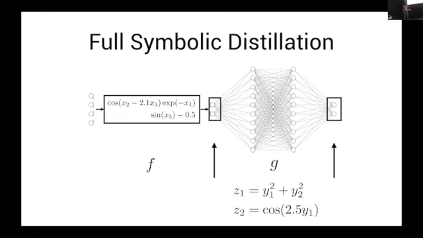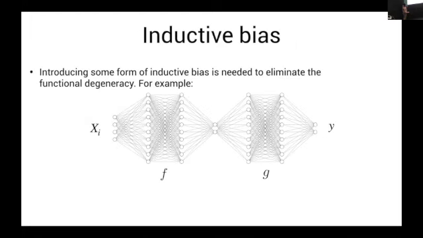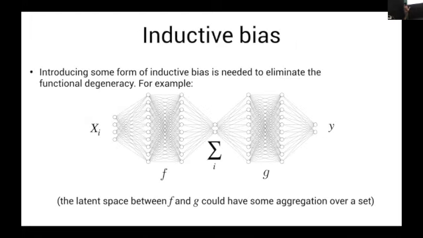Is that split always obvious, in the sense that you train your network and you get some expression out? No. This is the trickiest part of the method: the inductive bias needs to be user imposed. Normally you could have a summation in the latent space, like a deep set where you sum over particles in that latent space.